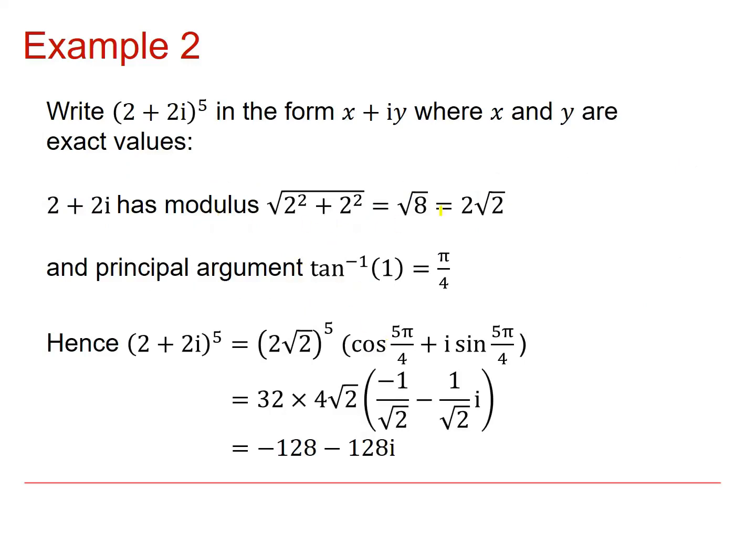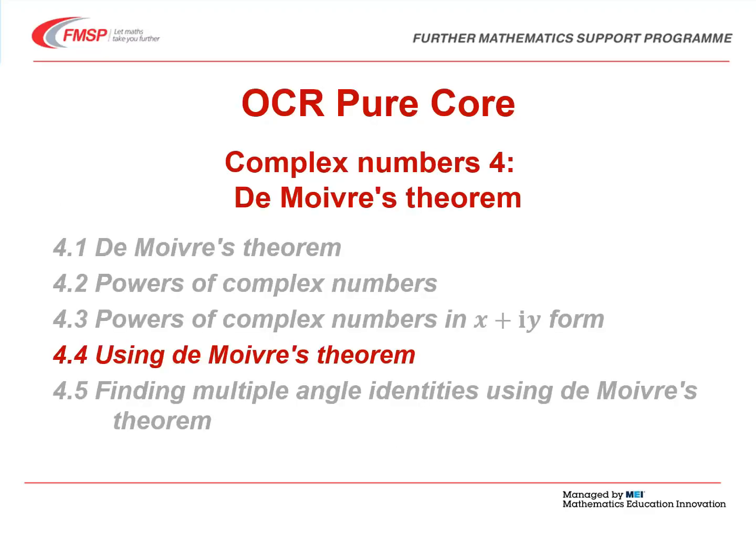So here's where we've established the modulus of the complex number and the argument for it, and then working that through, powering the modulus by 5 and multiplying the argument by 5, I end up with this result here. The next video in this sequence is 4.4 using de Moivre's theorem.